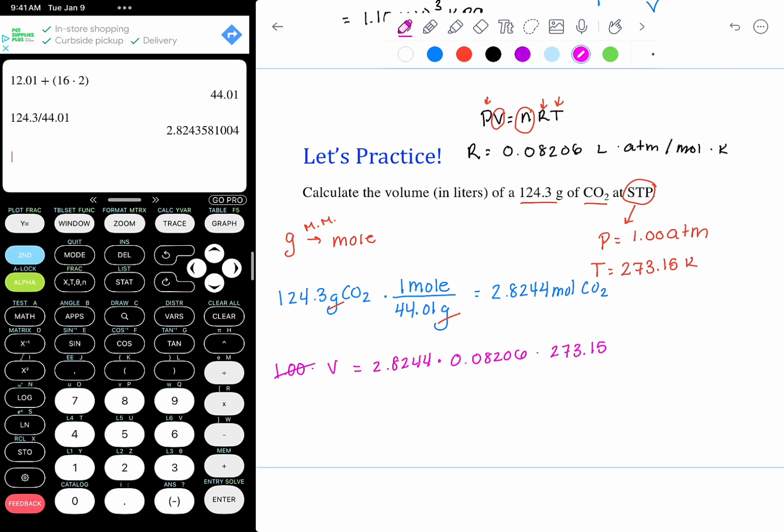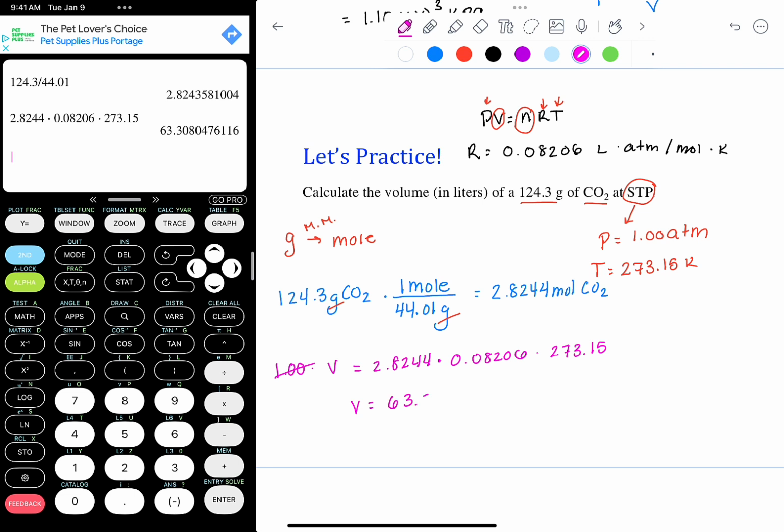So we just need to take 2.8244, multiply that by R, 0.08206, times the temperature, 273.15. So that gives us a volume of 63.308 liters. And with sig figs, this would be 63.31 liters. We get 4 sig figs from the value of grams in our problem.